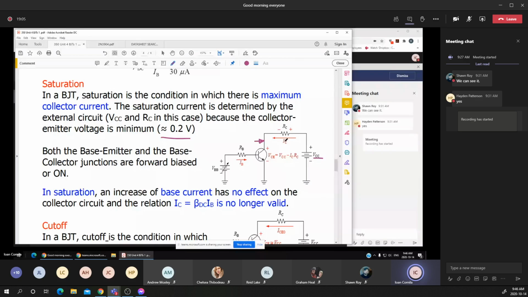If the maximum current is flowing through this output loop, I may have two different loops, and we'll go back to solving the circuits, and I'll show you the two loops one more time. That's the input loop, where we apply KVL, and that's the output loop, or the collector loop, that has a series of the supplied voltage and the RC as the resistance connected in series with the collector.